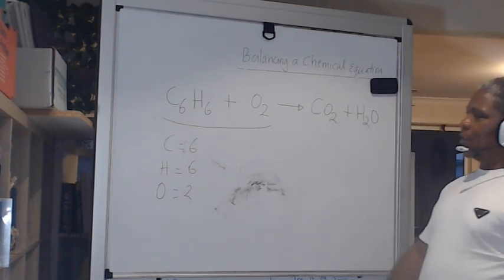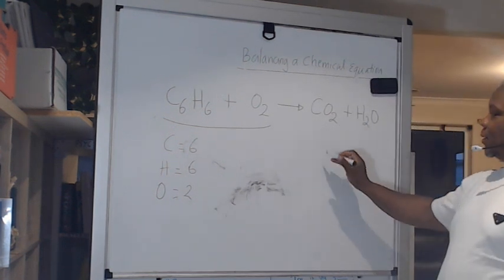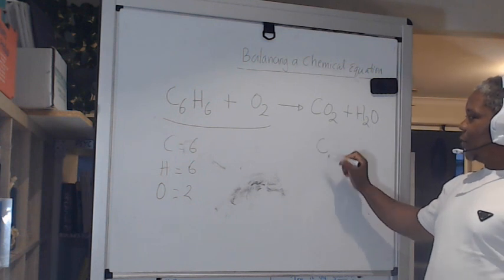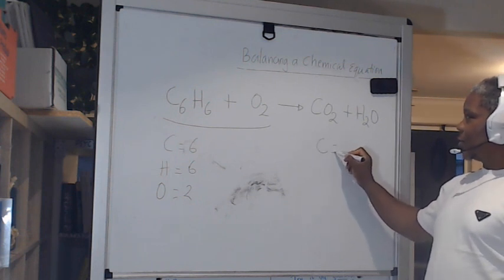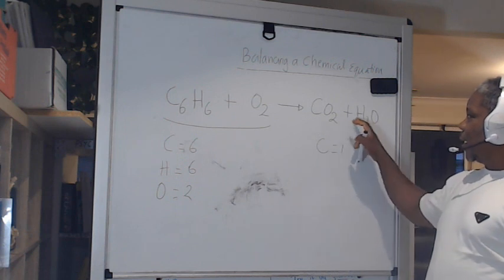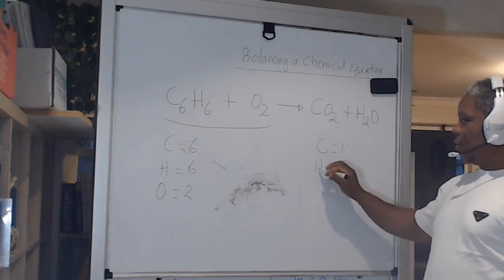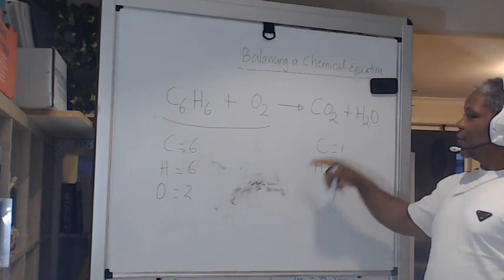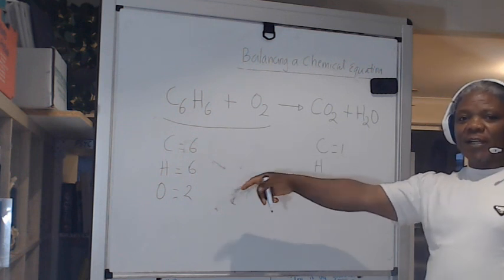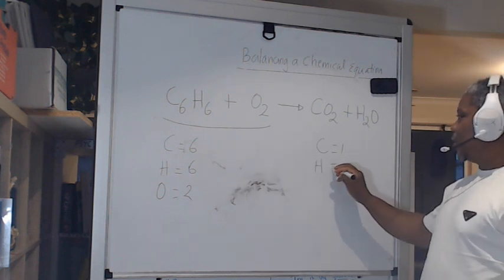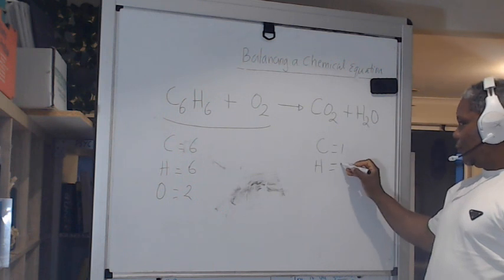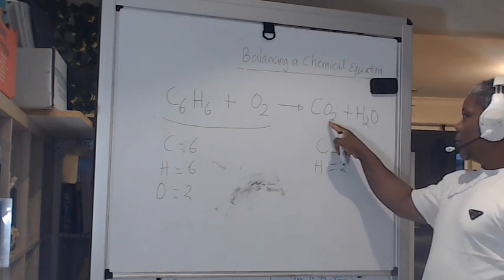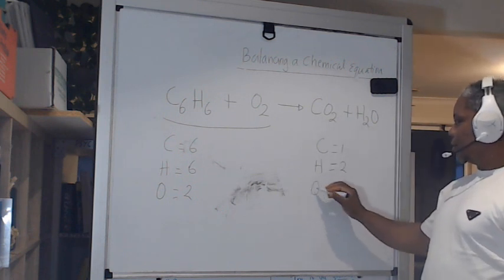And when we come to this side, how many carbon do we have there? We have just 1. And how many hydrogen do we have there? Remember, I'm just going straight to the hydrogen because I want to keep the same order. There's only 2 hydrogens, and we have 3 oxygens.